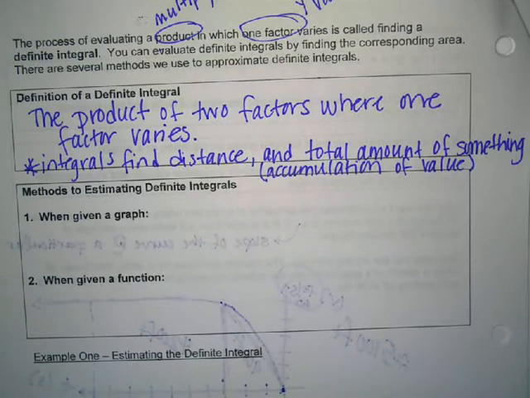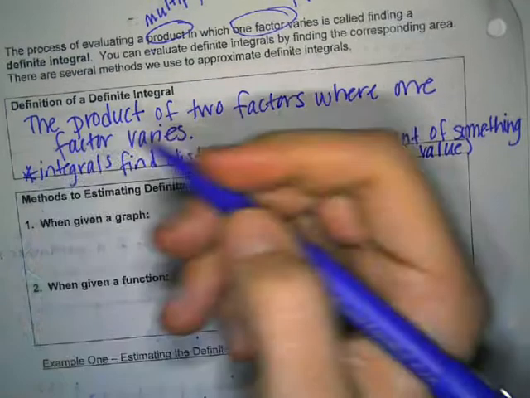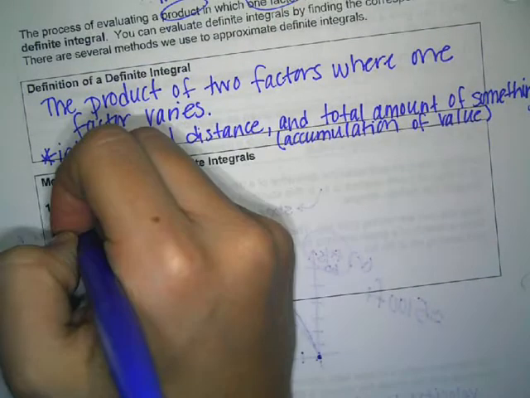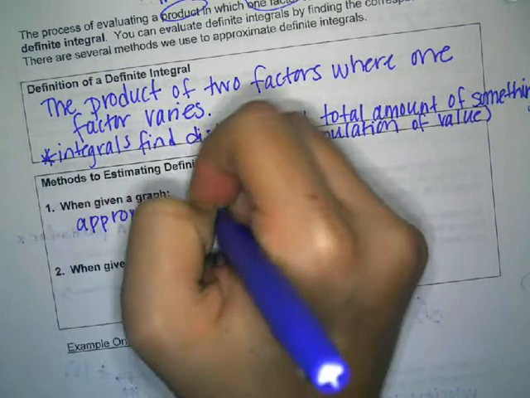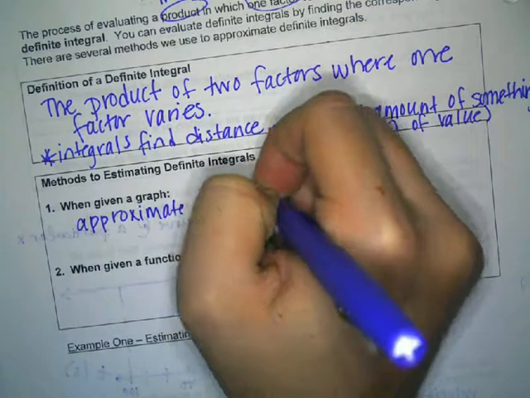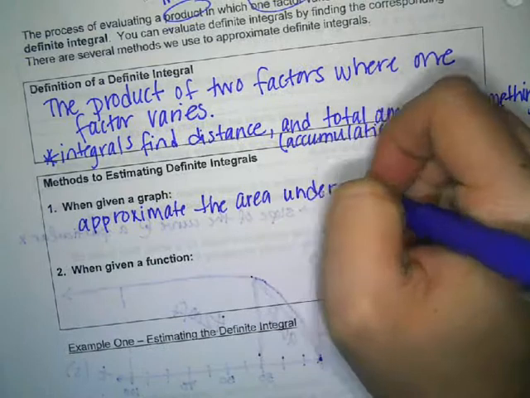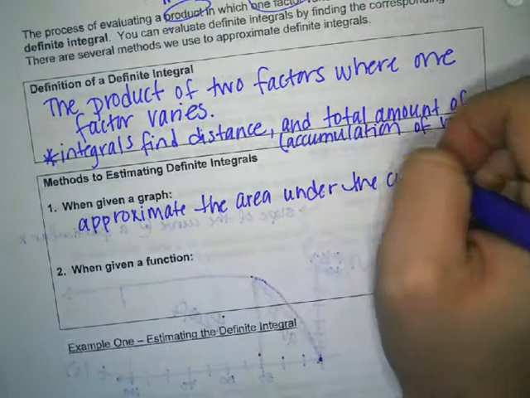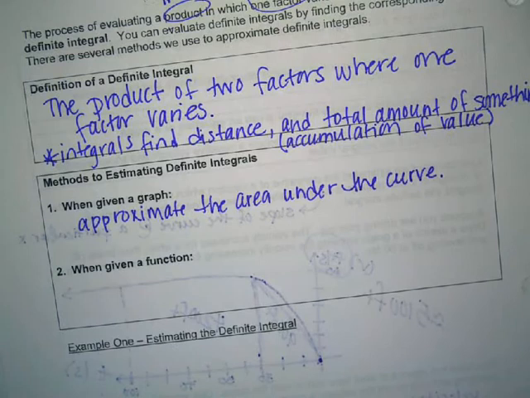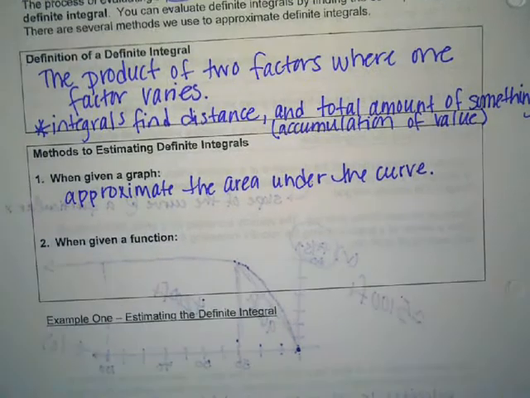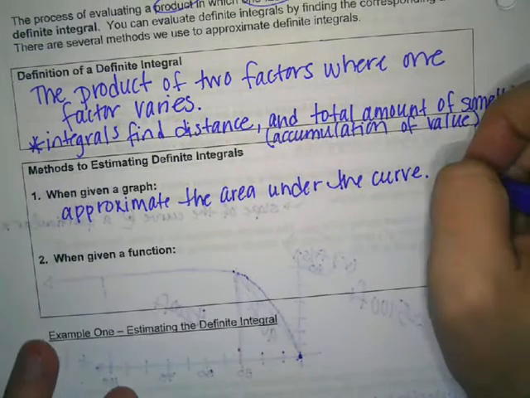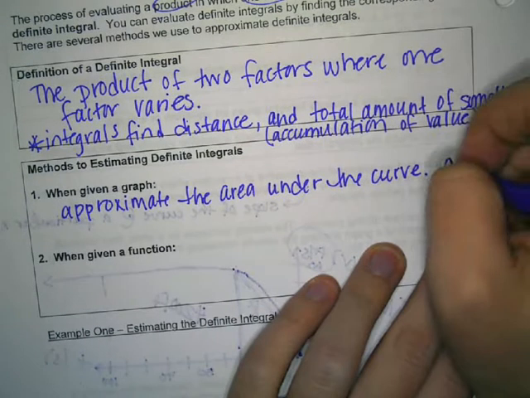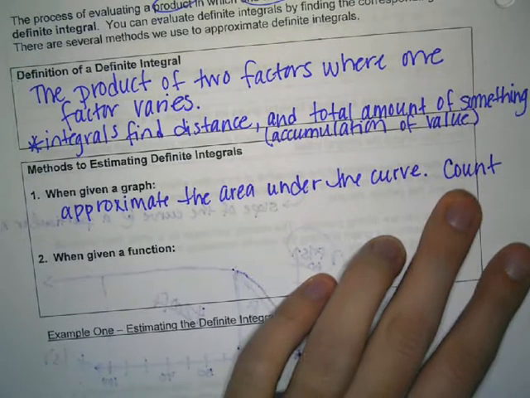When given a graph, you're going to approximate the area under the curve. Now, I say area underneath the curve, knowing that sometimes it's not going to be a curve, it might be a line. But it's just under the graph, you're approximating the area underneath the curve. We haven't done this yet in a problem, but we will in example 1.